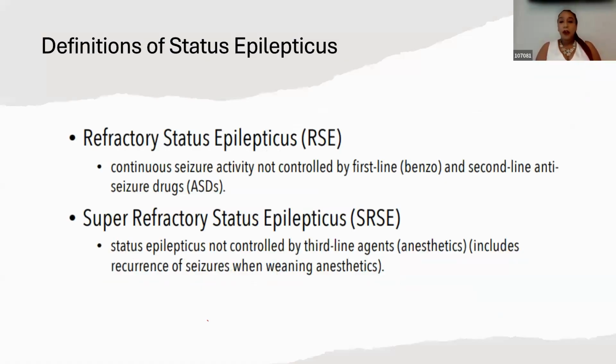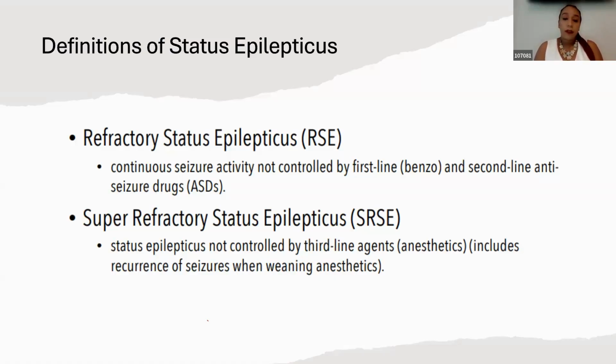So we've talked about the general sense of what status epilepticus is: a difficulty in terminating the seizure, or an increased propensity for seizures to occur. We talked about what T1 and T2 are. But there are other categories of status. Refractory status epilepticus is status we can't control with first-line treatment, which is benzodiazepines, or with second-line drugs.